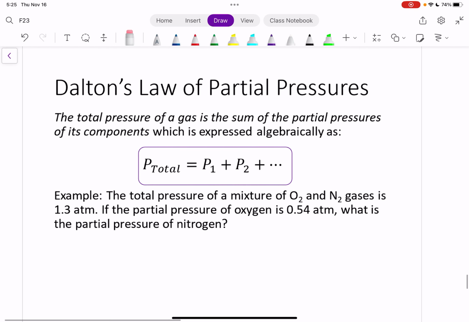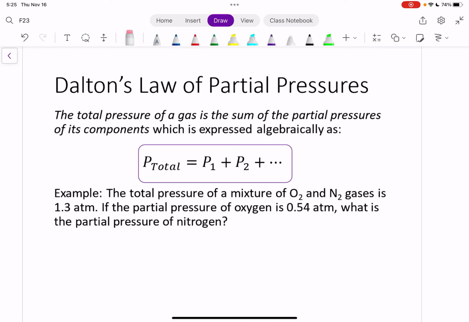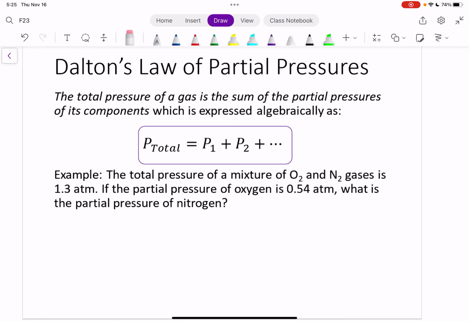For me, I always think this is a little bit easier to understand with this mathematical equation, which says that the total pressure in any given gas mixture sample is equal to the sum of the partial pressures of the different types of gases in that sample. This sounds really complicated, but once we work out the problem, I think you'll find that you actually like this law a lot. So let's try this out.